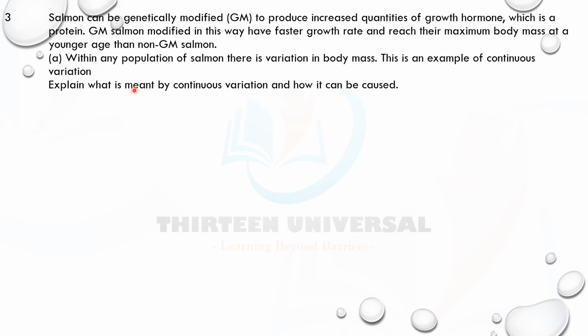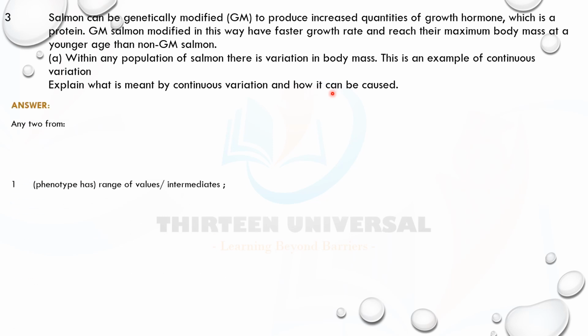We have mentioned that it is caused by more than one gene, and that brings us to how it can be caused. It can be caused by the additive effect of many genes interacting together. It can also be caused by environment, so it is influenced by environment.